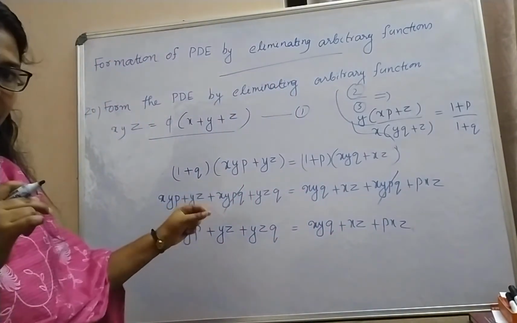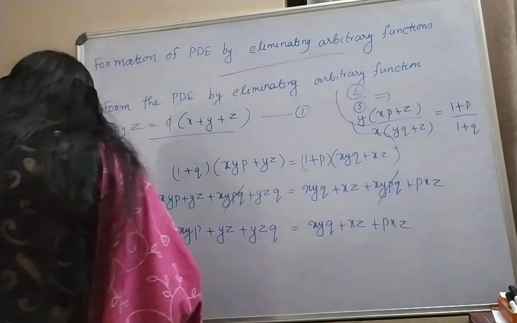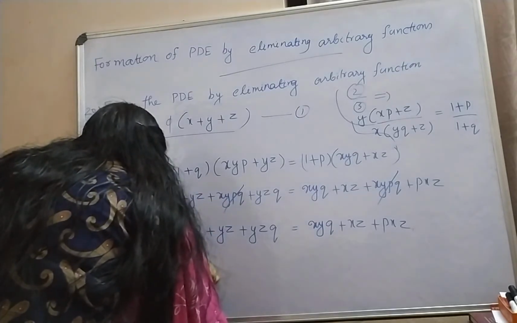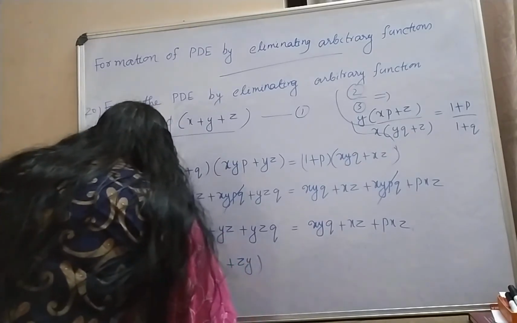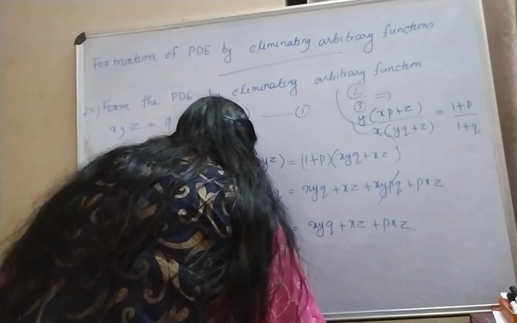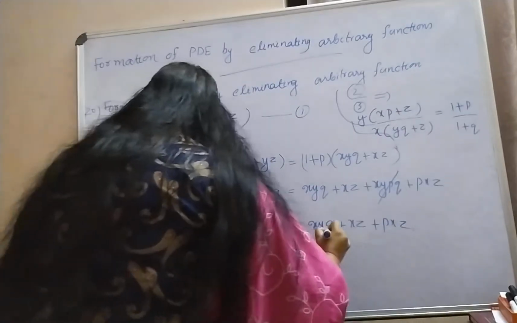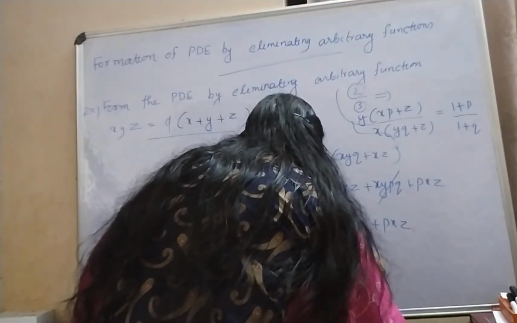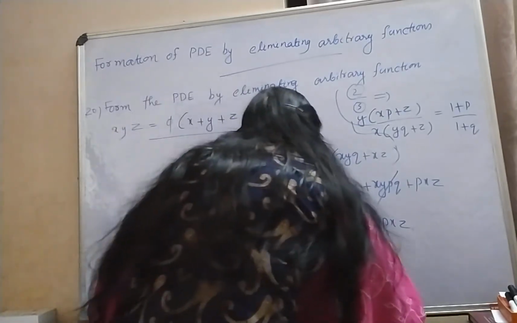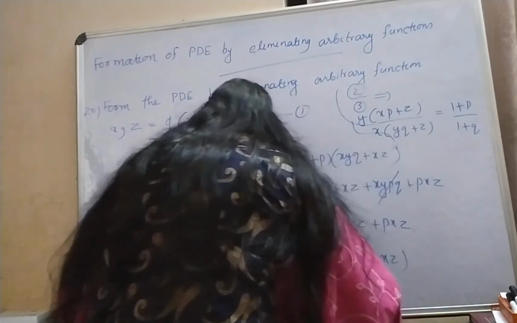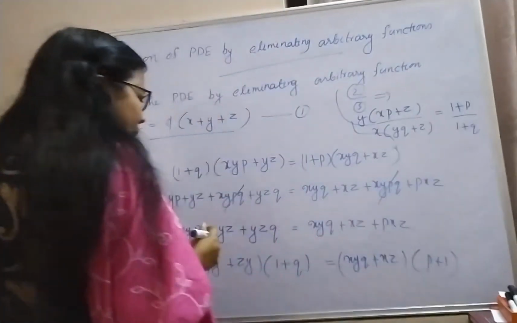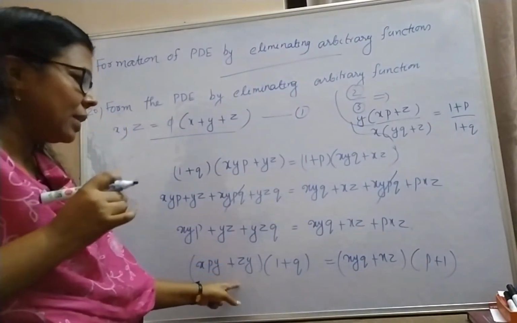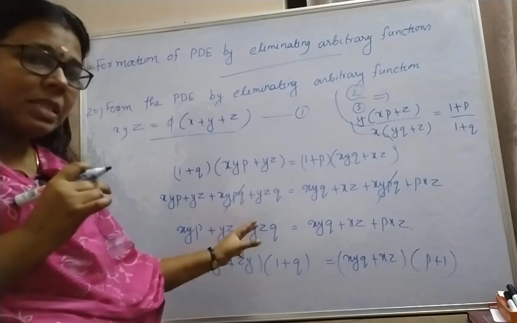We have to simplify this and again get the answer: xyp plus zy into 1 plus q equal to xyq plus xz into p plus 1. By simplifying again, we get this answer, which is the required PDE.